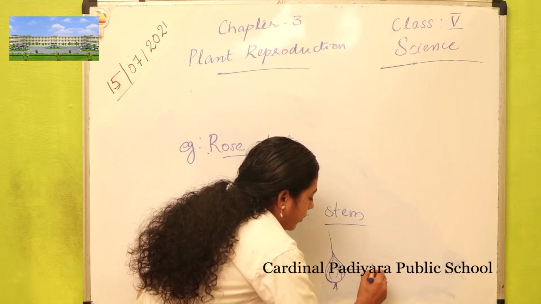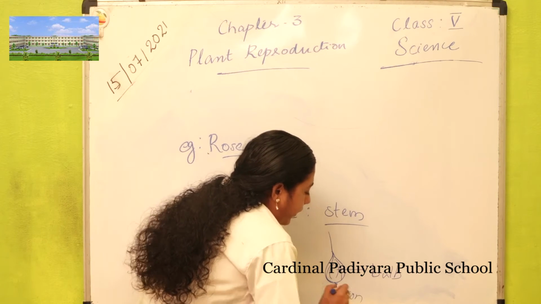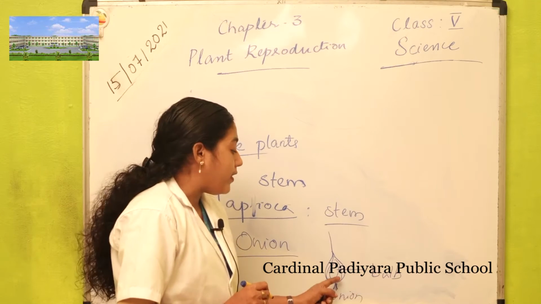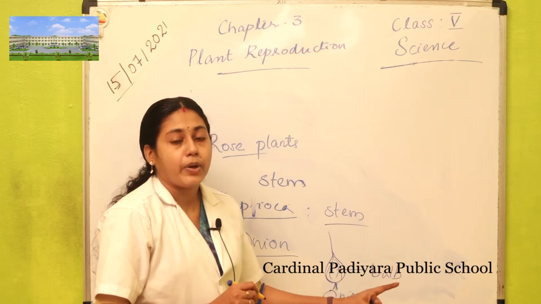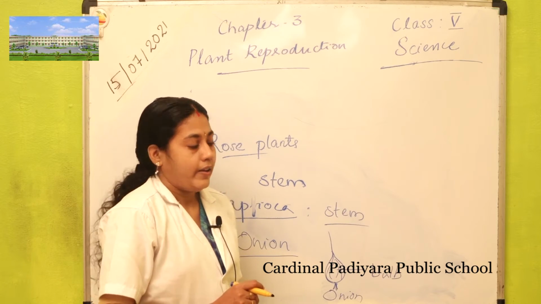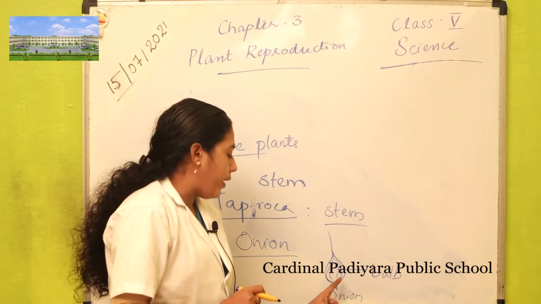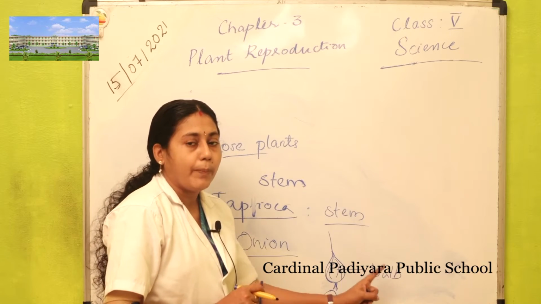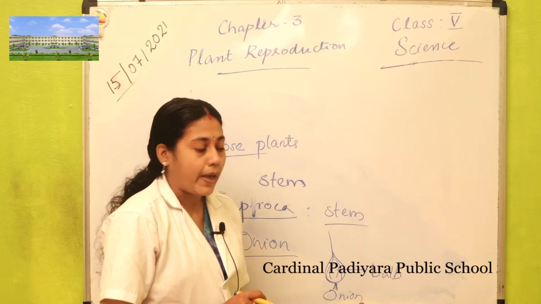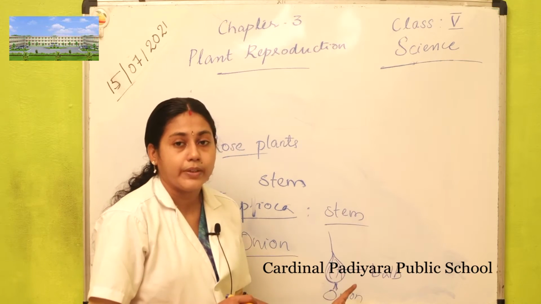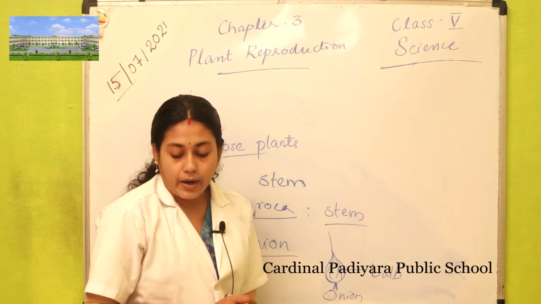This part is called the bulb. The bulb is the reproductive part of the onion, and new onions grow from this bulb.